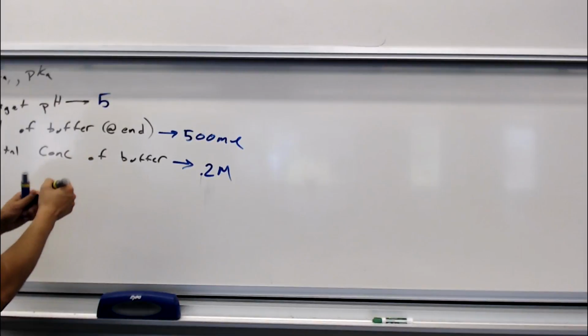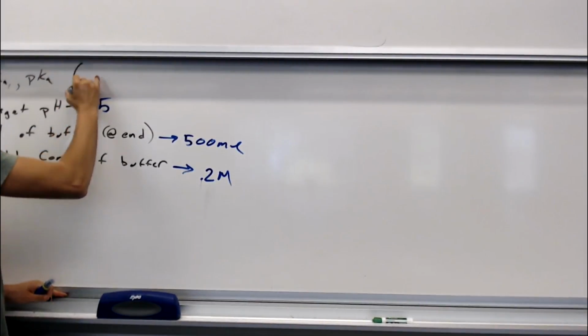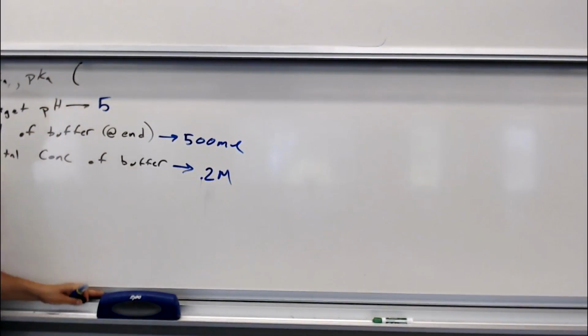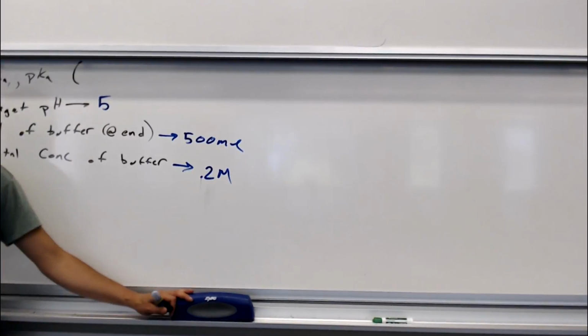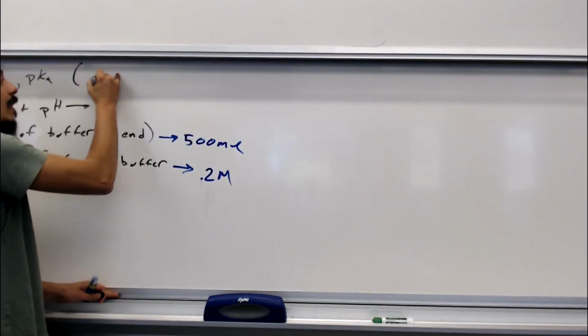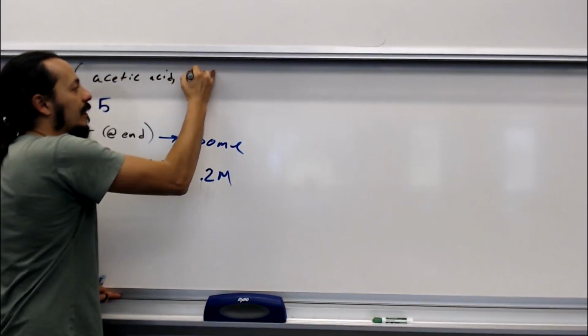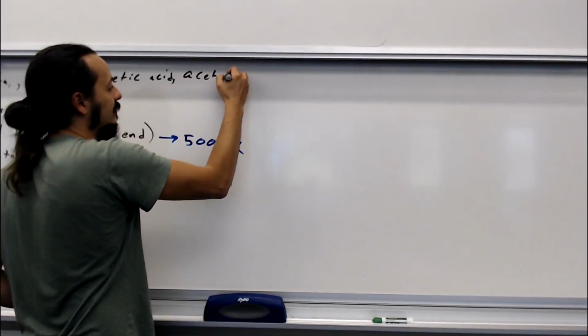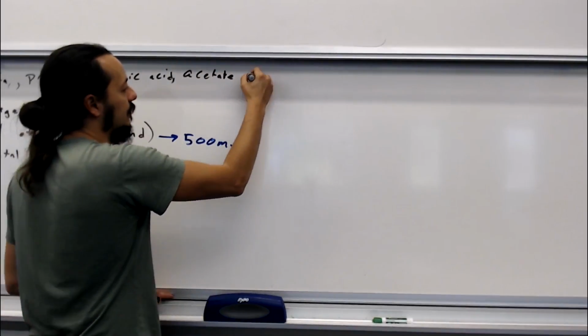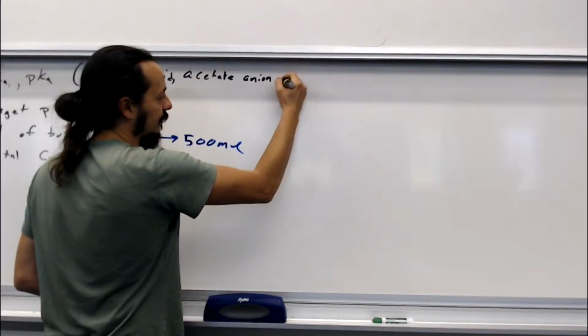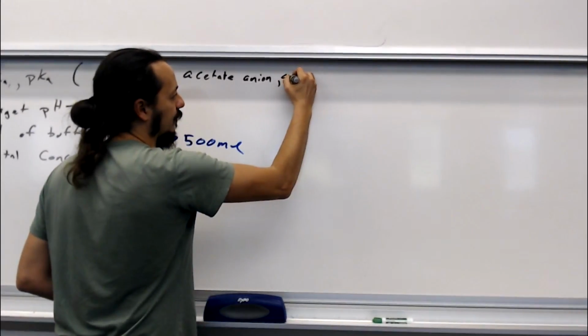So you notice in the problem you have access to 3 different things that are going to be useful. After we realize that we have a target pH of 5, we can say, okay, the only things that are going to be useful are acetic acid, the acetate anion, and strong base.